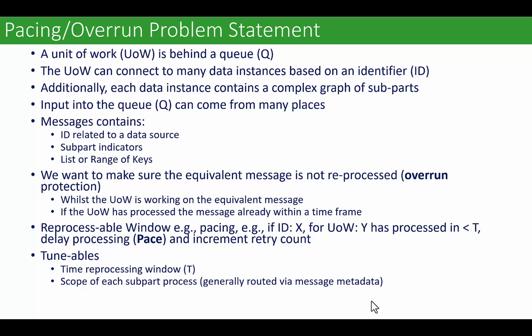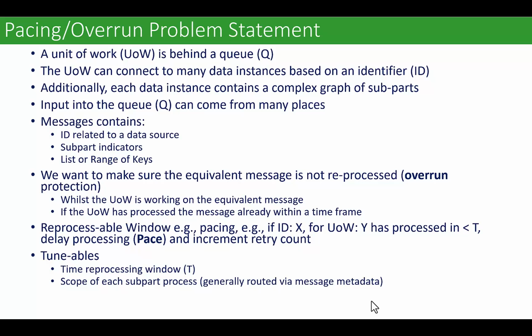And you can go watch our domain-driven design series to learn about that. But the point is, you can have lots of different things that are telling you that we need to have one of our units of work do some work for us. And those can come from all over. So we're assuming in this example that there's more than one producer.